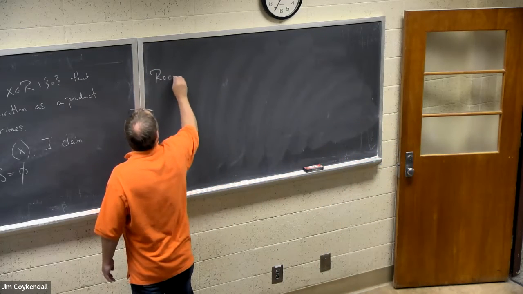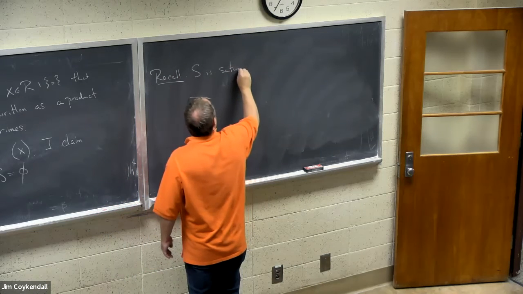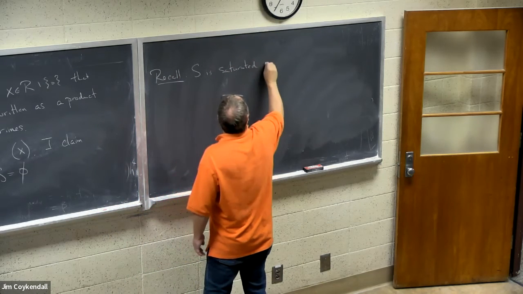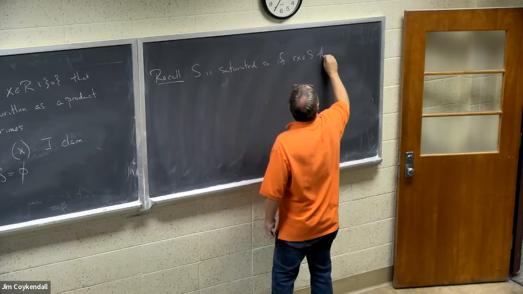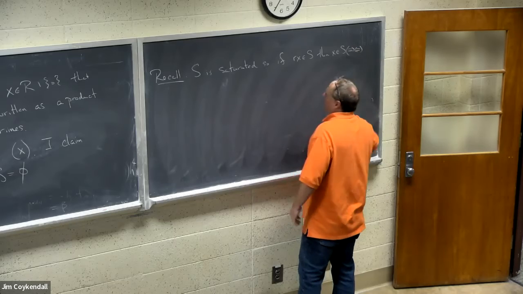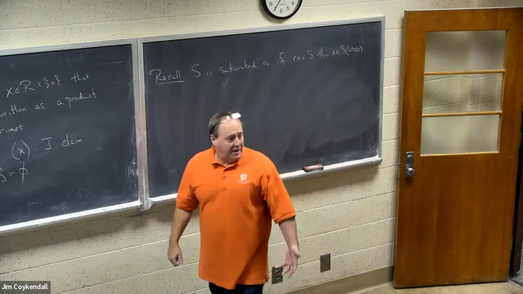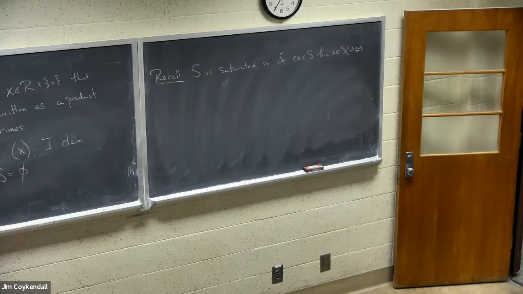Recall: if rX is in S, then X is in S. So indeed, this little principal ideal misses the set S.